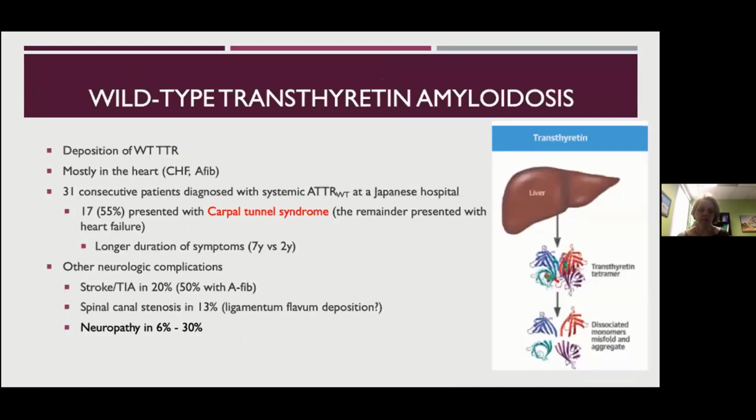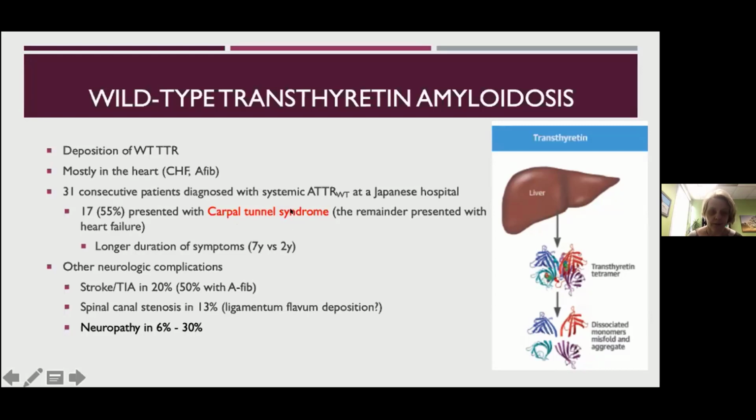The other common form of acquired amyloidosis is wild-type transthyretin amyloidosis. So that's deposition of the normal wild-type TTR. It's mostly in the heart. For a long time, it actually was thought to only affect the heart, but we find more and more nerve involvement. A very important symptom, again, is carpal tunnel syndrome. 55% of patients in a study from Japan presented with carpal tunnel syndrome.